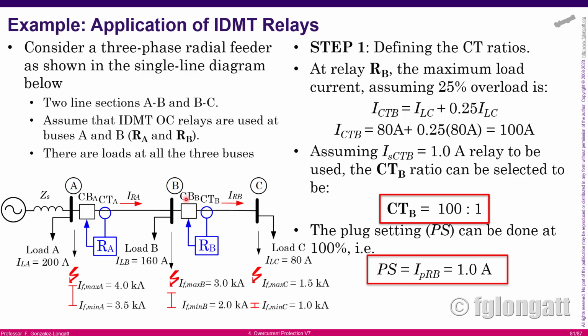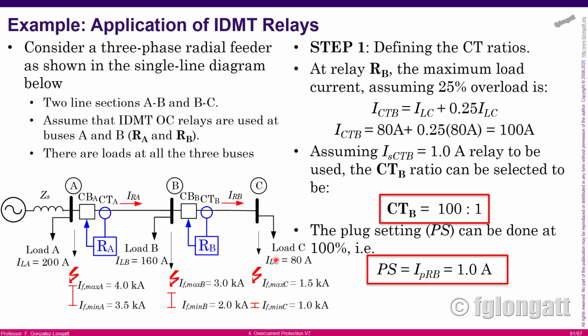Relay B, if you look at the current transformer, CTB, is taking measurement from the current that is going to the load C. That means that the current that's supposed to be here is around 80 amps, okay? However, we don't specify the current transformer using the nominal current.